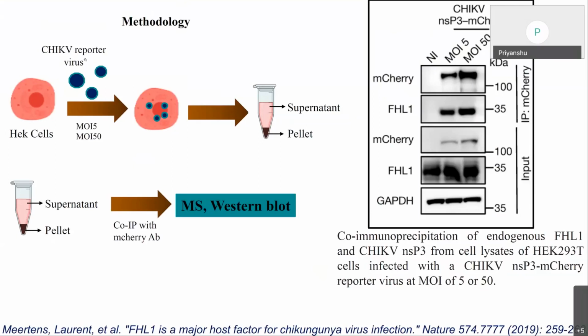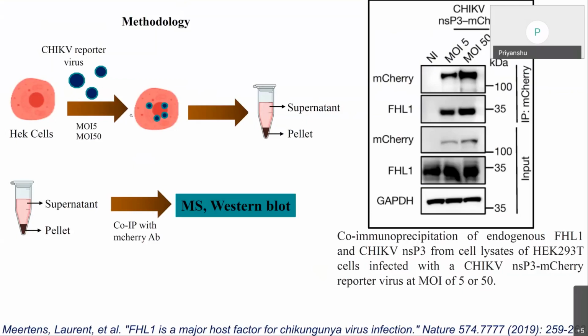Yes, RFP. After that, they infected this reporter virus into HEK cells with different MOI, MOI 5 and 50. What is the meaning of MOI? MOI is the multiplicity of infection. If one cell is infected by one viral particle, that is MOI 1. So you can calculate it at MOI 5 and 50.